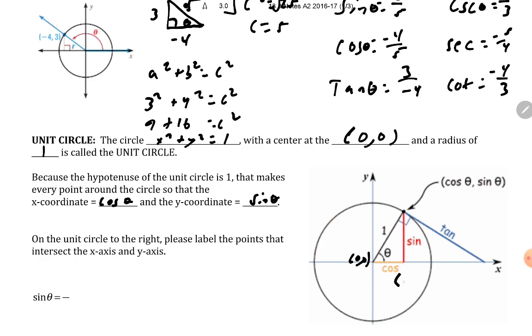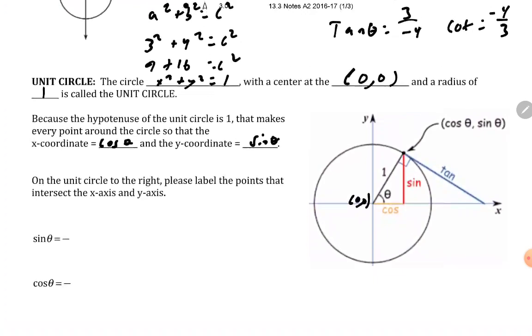Here is (cosine of theta, 0). So once again, sine of theta would just be y, and cosine of theta would be x.